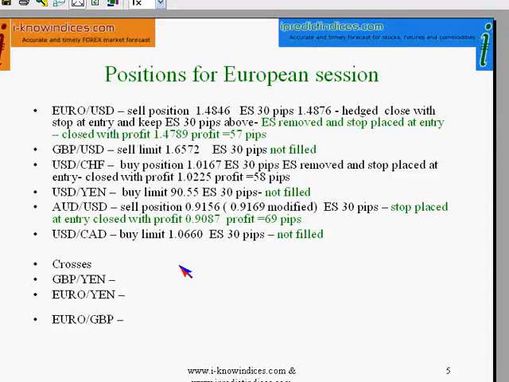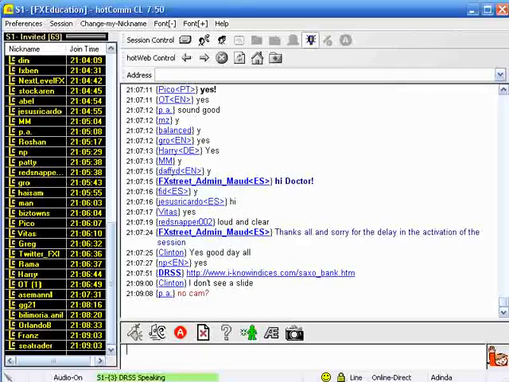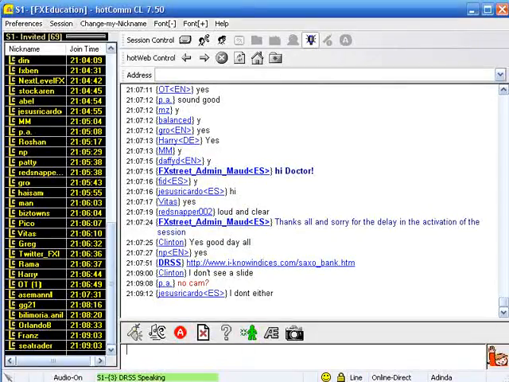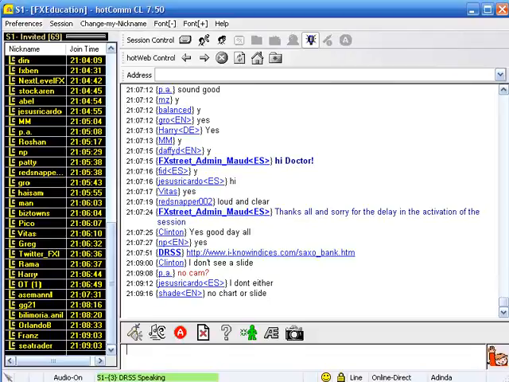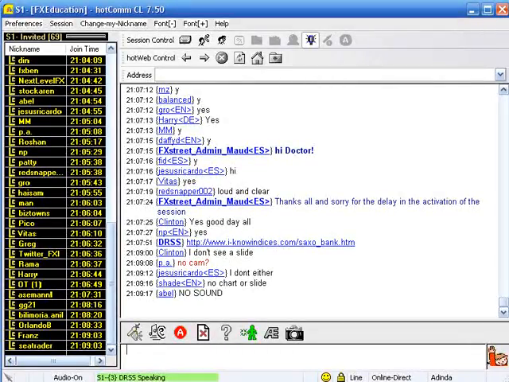When the market does not hit the hedge and starts showing profit in the original sell position, we can simply remove the hedging order and keep the stop at entry so that we don't make any loss. So that's what I did. The hedging order was removed and the stop was placed at entry. Subsequently, towards the close of the European session, they made the drop and came down to the level of 47.85.